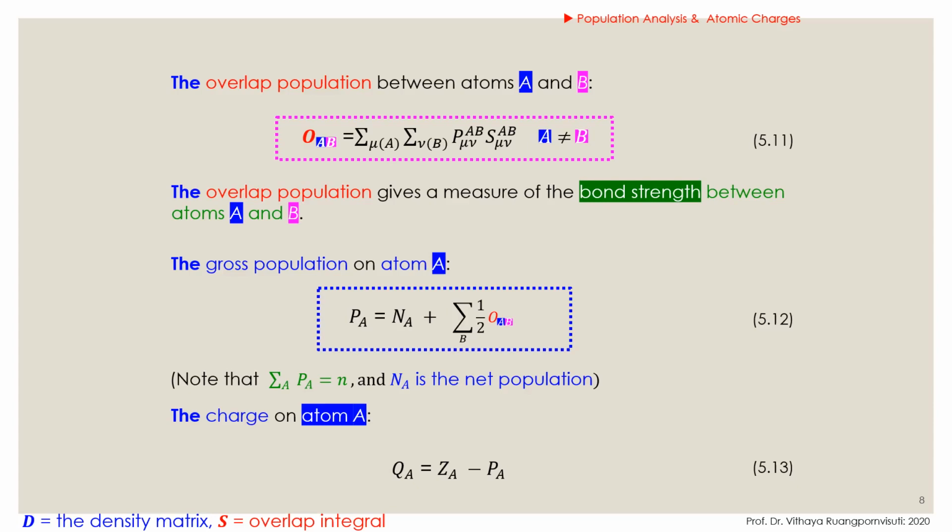Note that the summation over A of P_A is equal to N. The charge on atom A can therefore be Q_A equal to Z_A minus P_A.